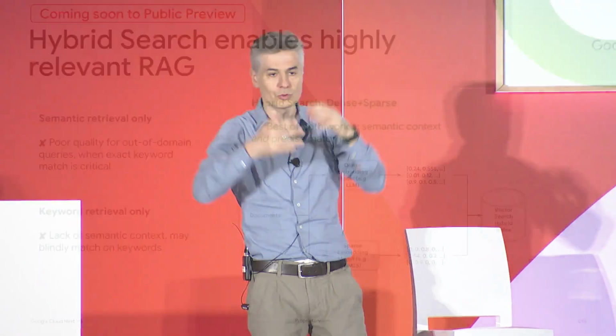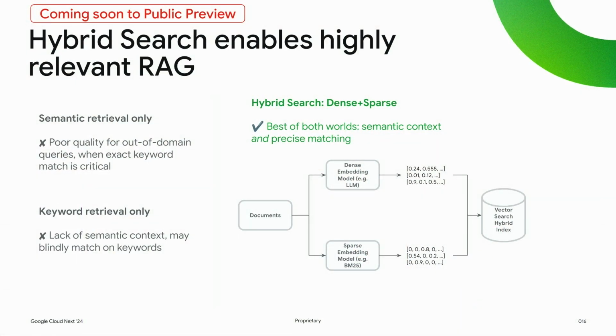So hybrid search combines the two. It allows you to combine the semantic similarity with precision for keyword-based retrieval. You can balance how the two things are taken into account, and it can lead to much better performance in specific domains.